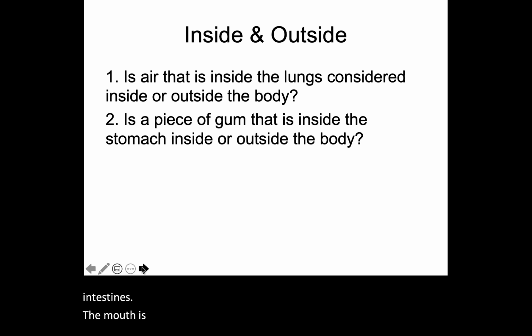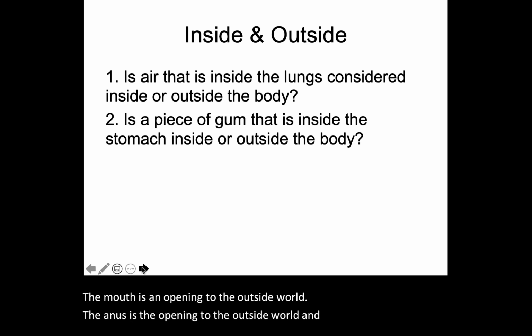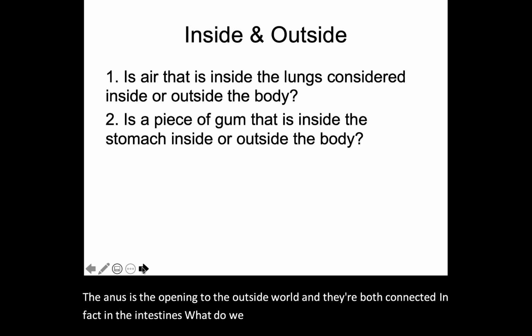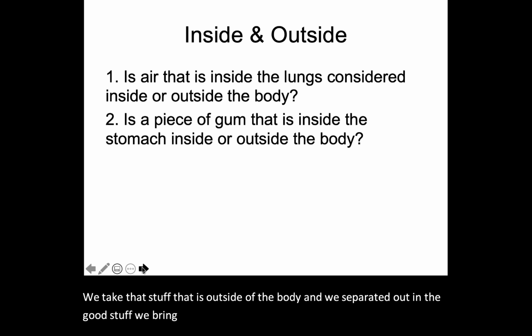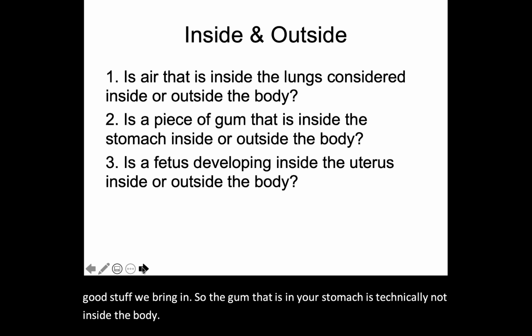The mouth is an opening to the outside world. The anus is the opening to the outside world. And they're both connected. In fact, in the intestines, what do we do? We absorb nutrients. We take that stuff that is outside of the body and we separate it out, and the good stuff we bring in. So the gum that is in your stomach is technically not inside the body.